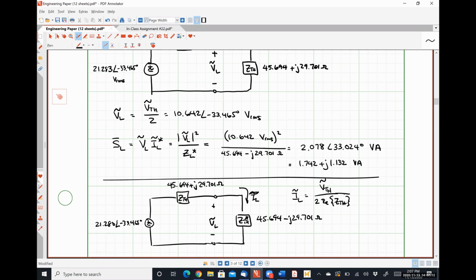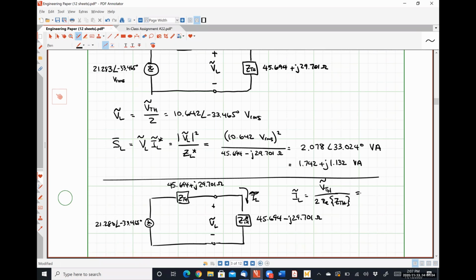Anybody got any problem with that? So that would be 21.283 with an angle of negative 33.465.